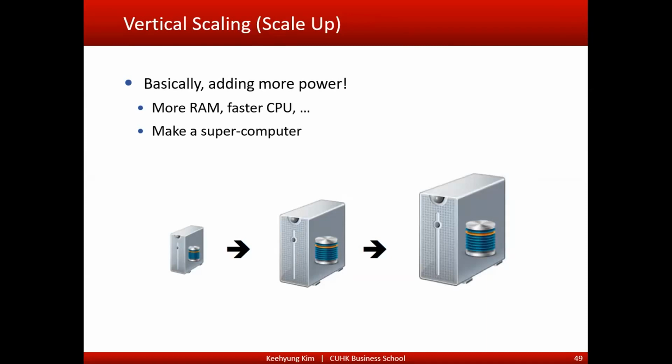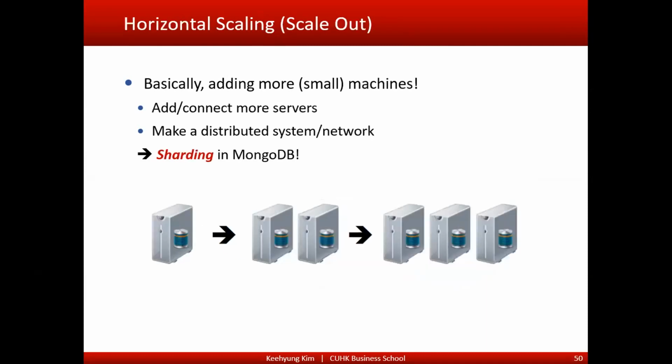So usually in big data systems we do horizontal scaling. Basically, we scale out, which means we simply add more small machines, connect more servers, and make a distributed system or network in the database system. This is what we call sharding in MongoDB.